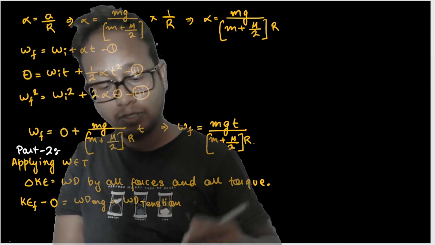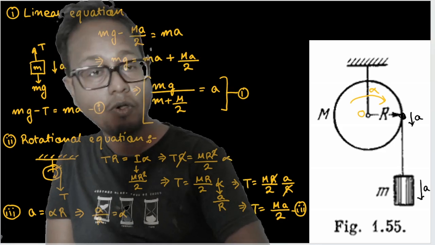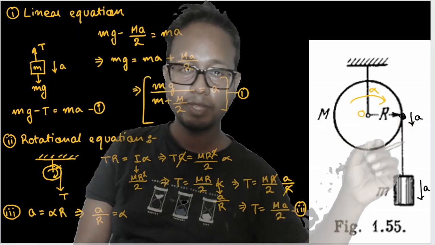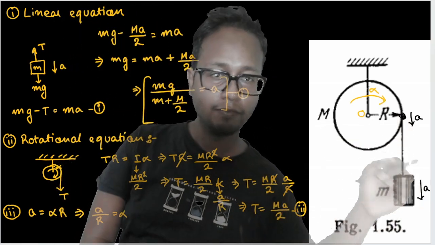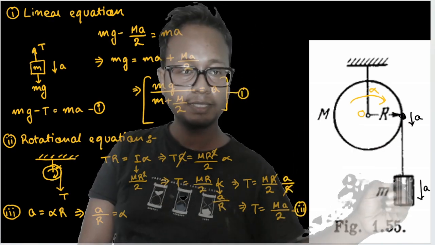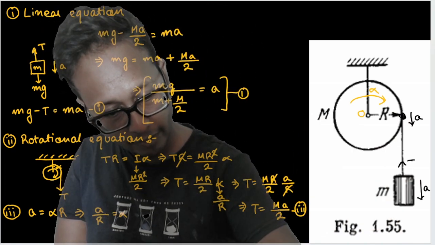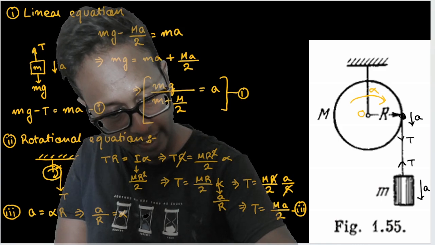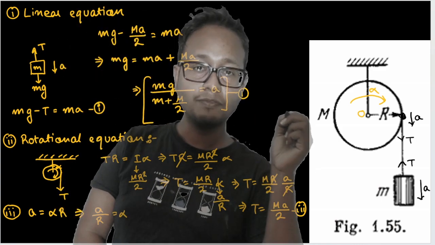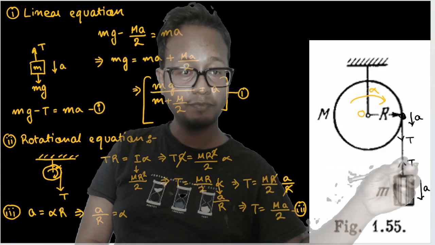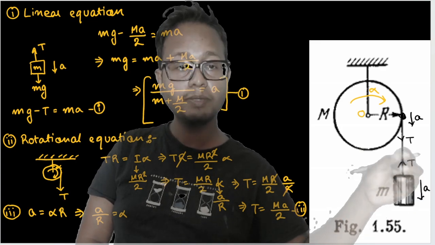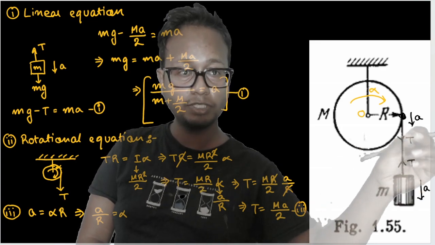One more thing. If you observe this diagram, tension force is an internal force. What I mean by that is, out here in the block, tension force would act upward. Out here, the tension force would act downward. Internal force means the work done by tension force out here would be negative of work done by tension force out here.